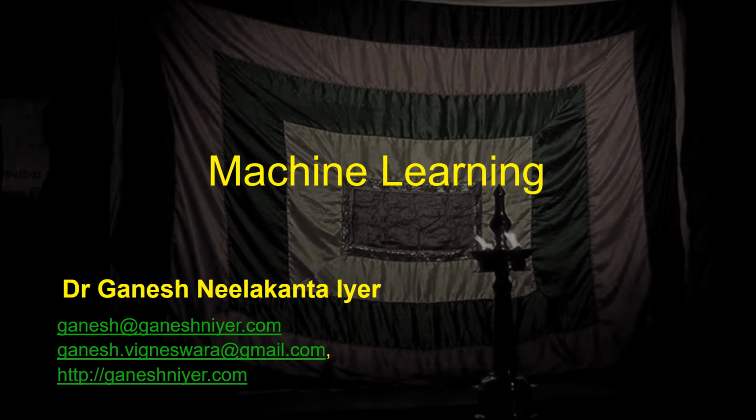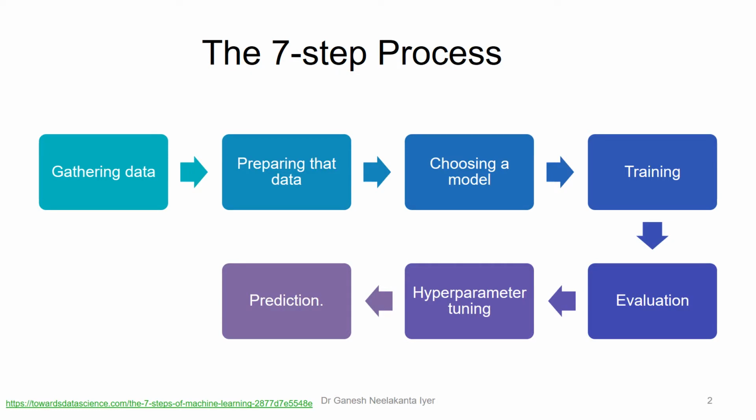In this series, I'm explaining the basic principles of machine learning. In the previous videos, you have seen a few examples of machine learning and the different steps involved in creating and running a machine learning model. We are currently seeing some of those steps.